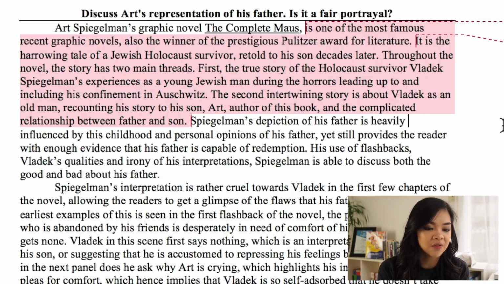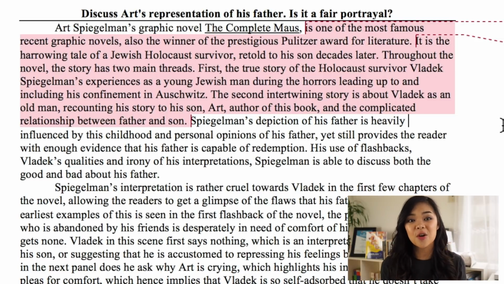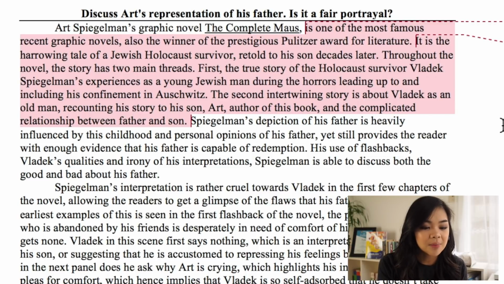Spiegelman's depiction of his father is heavily influenced by his childhood and personal opinions of his father, yet still provides the reader with enough evidence that his father is capable of redemption. Okay, so for the first time in this essay, I feel like we're actually more on topic. The keywords that I'm starting to see here are Spiegelman's depiction of his father, which has to do with representation of his father.